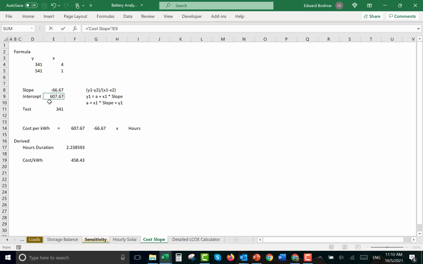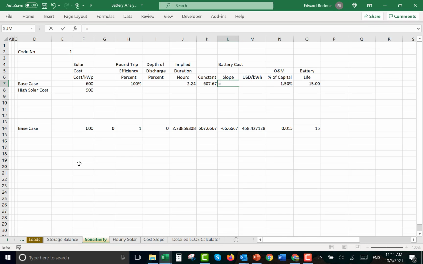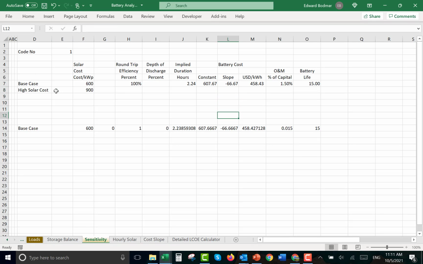And if you do that, it suggests the equation, and that comes from that graph I showed you, the equation for the cost per kW is a fixed number minus, as you get bigger and bigger hours of duration, it goes down. And so if we have 2 hours, the cost is 458. And then we can put in our slope and our intercept and maybe try to analyze some different relationships. And we'll get that number.